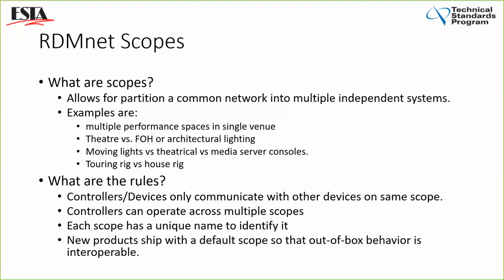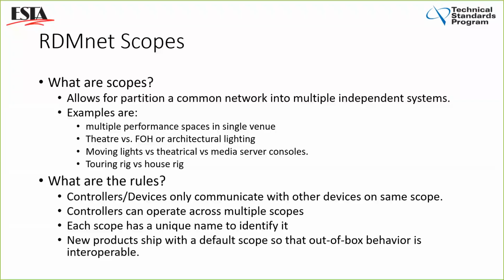But they still need to interface into the system in the building to be able to control the lights at front of house and the box booms and maybe even the house lights. So they need to be able to interact with that without repatching the entire facility. In this case, they might operate on different scopes, but the touring console could then have access to the scope for the facility itself.